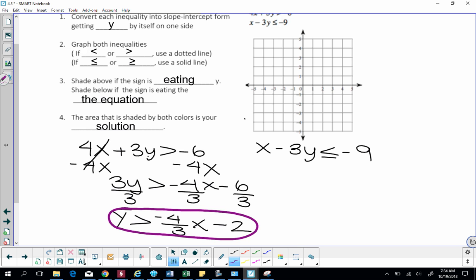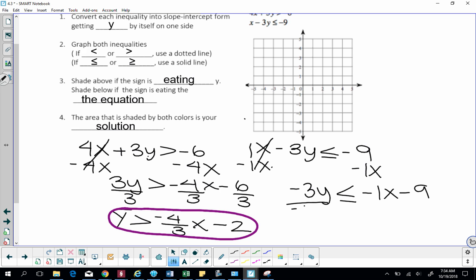Who got that? Or was on their way to getting it? Beautiful. Next one, what would I put right here next to the x? The 1, right? So we're going to subtract 1x on both sides. This shouldn't be anything very new. And I get negative 3y is less than or equal to negative 1x minus 9. Then what do you do? You divide.